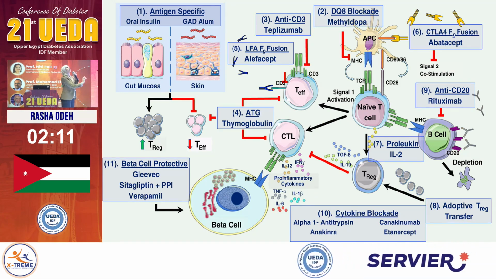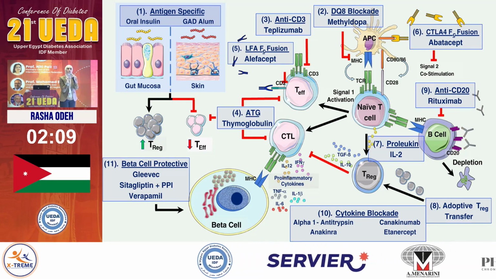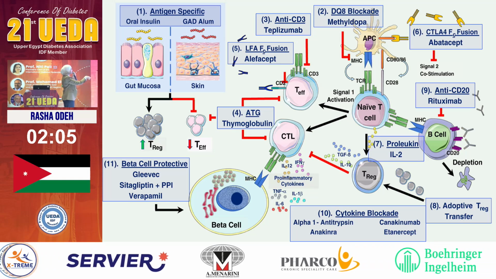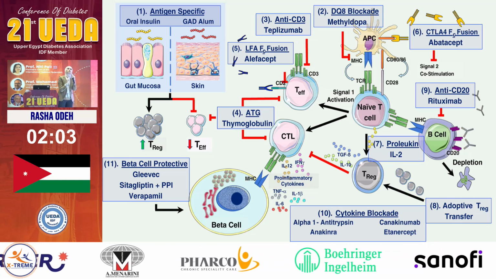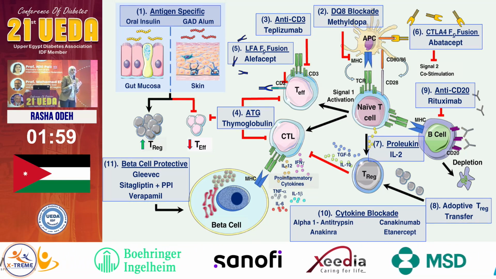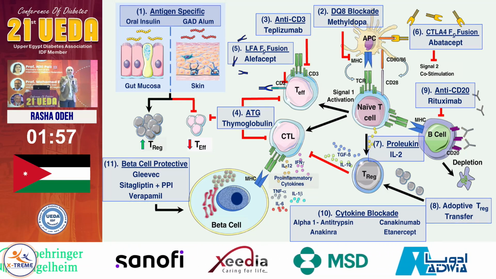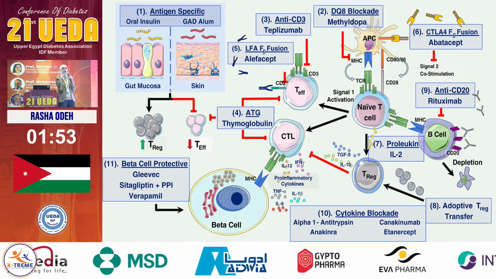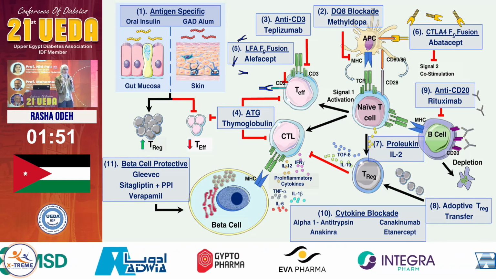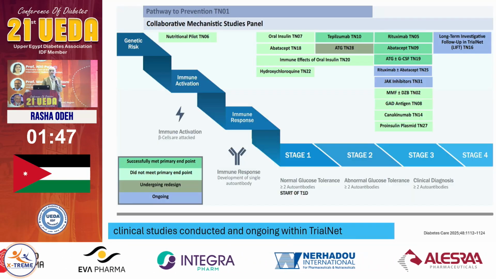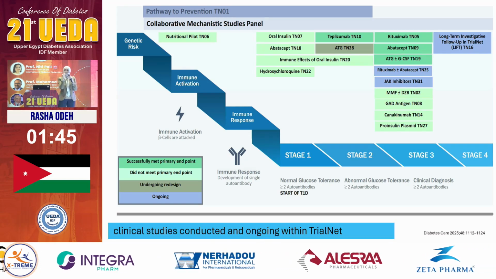These are all cells that are involved in the autoimmune process. And all the boxes that you see until 11 are immune modulating therapies that have been or thought of to be used in modulating, whether it's prevention or treatment of type 1 diabetes, according to the step of the autoimmune process. And these drugs have been used.